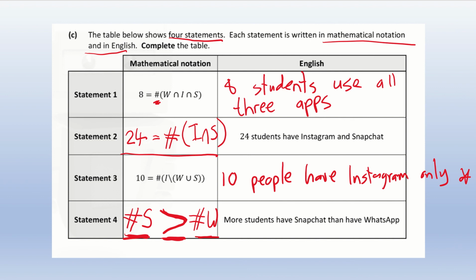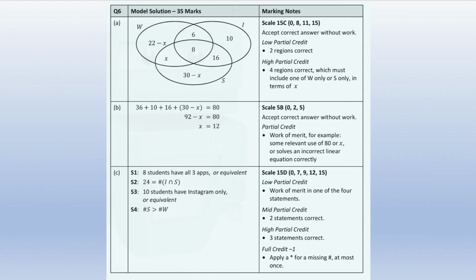Okay, let's take all of our part A, B and C together now and have a look at the marking scheme, see how we got on. For question 6A, we got all of this. I think I've covered everything in my explanation there, so no point in dwelling on that question.